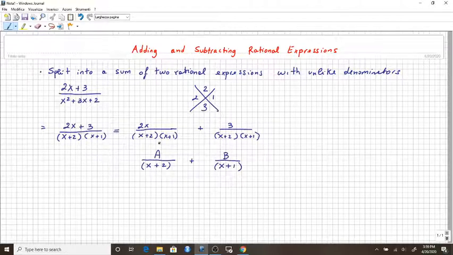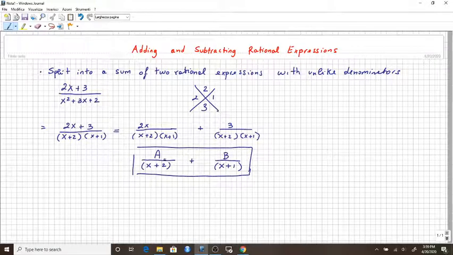So now my goal is to find a and b, right? So once we find a and b, then we are done, right? Because we broke this down into two different expressions. Okay, so let's focus on this. Now what I'm gonna do is rewrite this, add them up in terms of a and b, and then compare with this expression we have here.